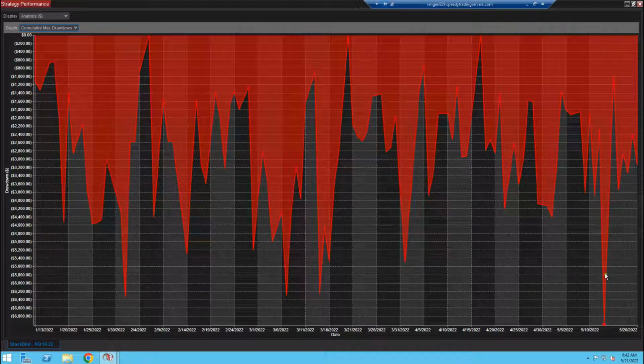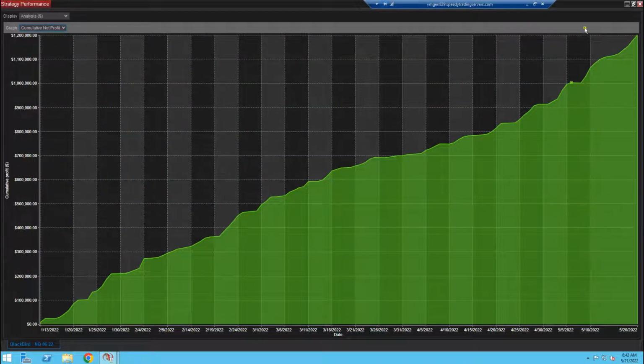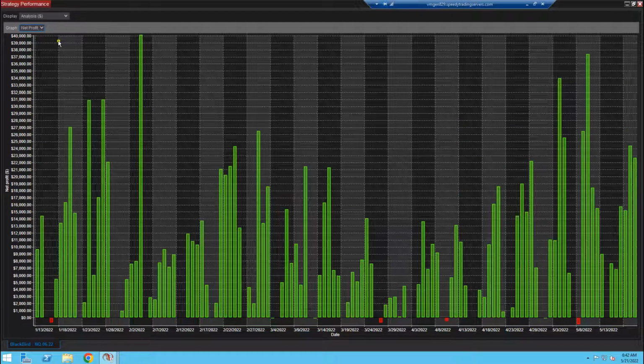So with that said, if you can allow yourself that much wiggle room, then you have the capability of making a lot of profits with this. But just be aware of what the strategy provides.